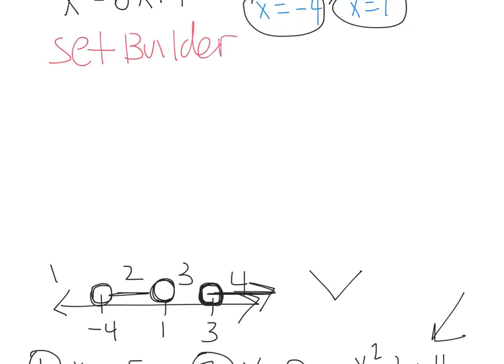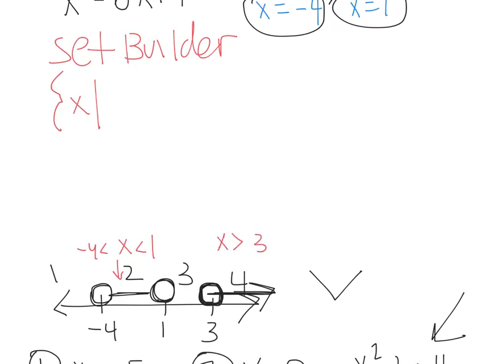Set builder notation really just means you start out with the little squigglies, and then you say x such that, and then we use an inequality within the set. I need to use two different inequalities, because I need to express that x is between -4 and 1, and then that x is greater than 3.